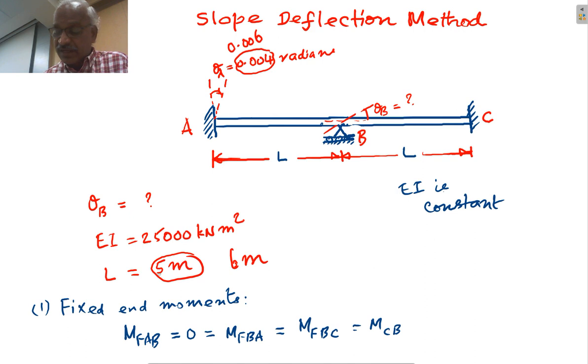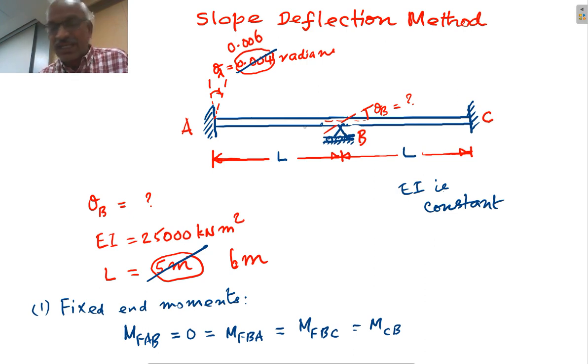We have changed it, that's all. These are the changes we have made. Now theta A is fixed, but it rotates. Theta A is given as a clockwise rotation of 0.006. So theta B is required.